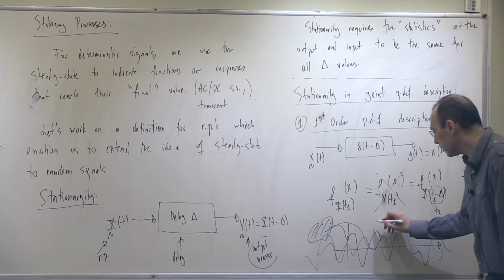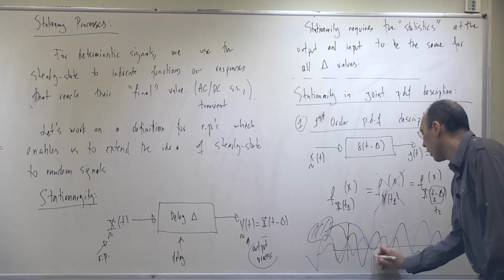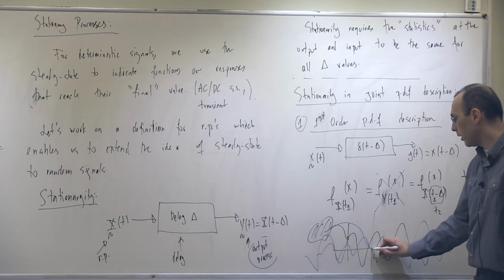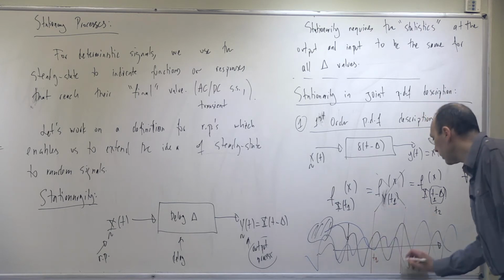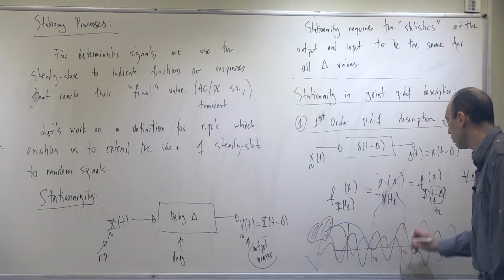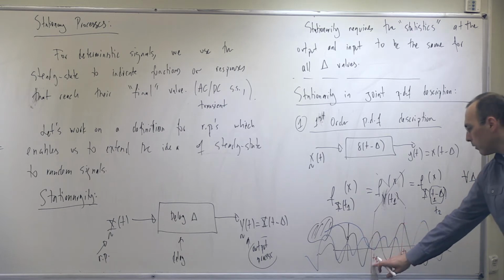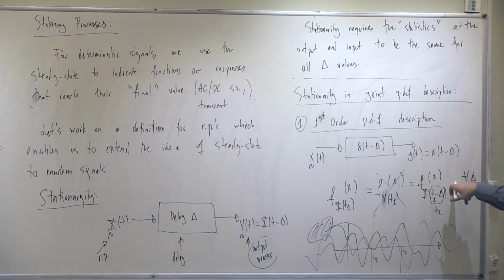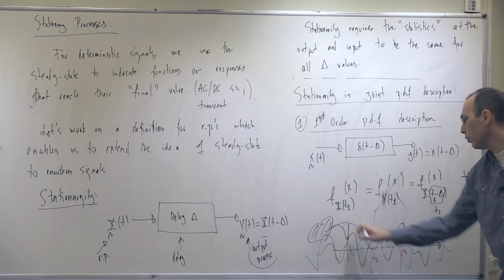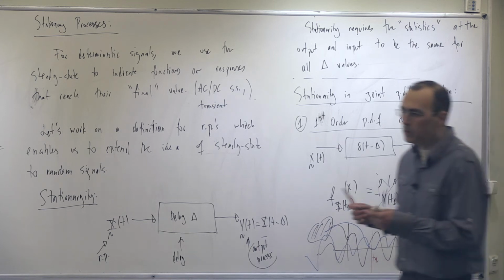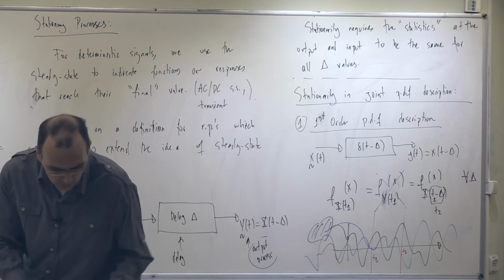At time t1, you see a distribution. At t1, I can have this value or that value. At t2, I can have this value or that value, as you see. So if this is stationary somehow, what do I expect? Wherever you look, you should see the same distribution. Whenever you evaluate this random process, you should see the same distribution. So let me give an example for this.